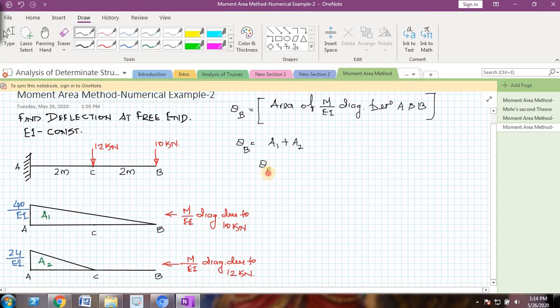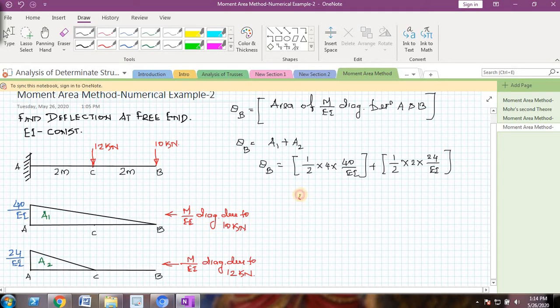A1 will be half of base 4 and height 40 by EI, plus A2 will be half of base 2 and height 24 by EI.